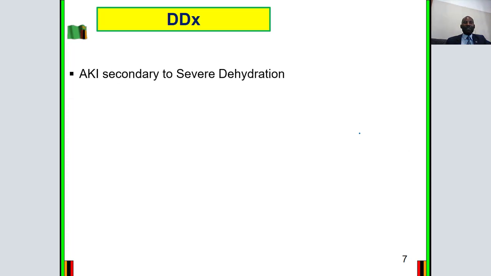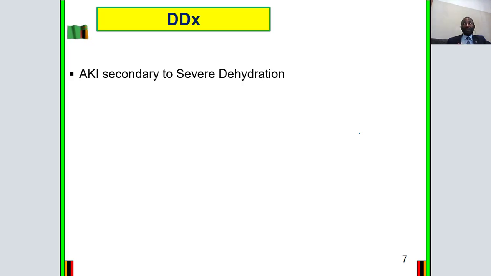Number 1, acute kidney injury, secondary to severe dehydration. Why have we written acute kidney injury secondary to severe dehydration? We know that what came first was diarrhea, severe diarrhea. This severe diarrhea has now resulted in severe dehydration, and this severe dehydration results in concentration of constituents, concentration of chemicals.